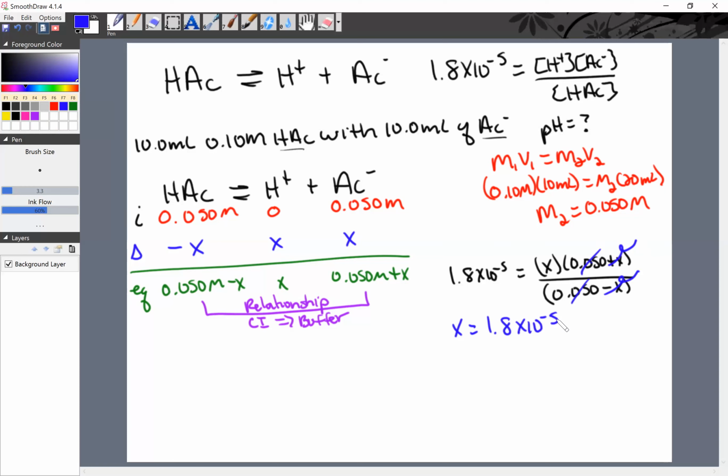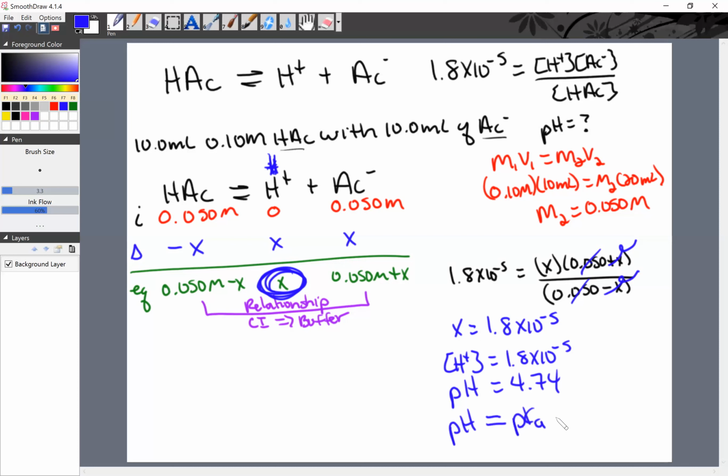Well, what is x? X is, in this case, your proton concentration. So if you take the negative log of it, the pH is the same as the pKa when the moles are equal.